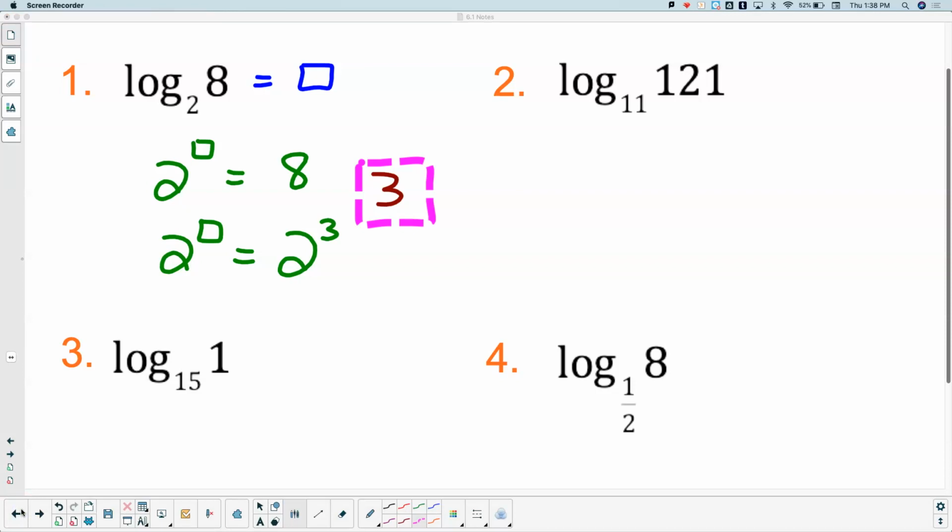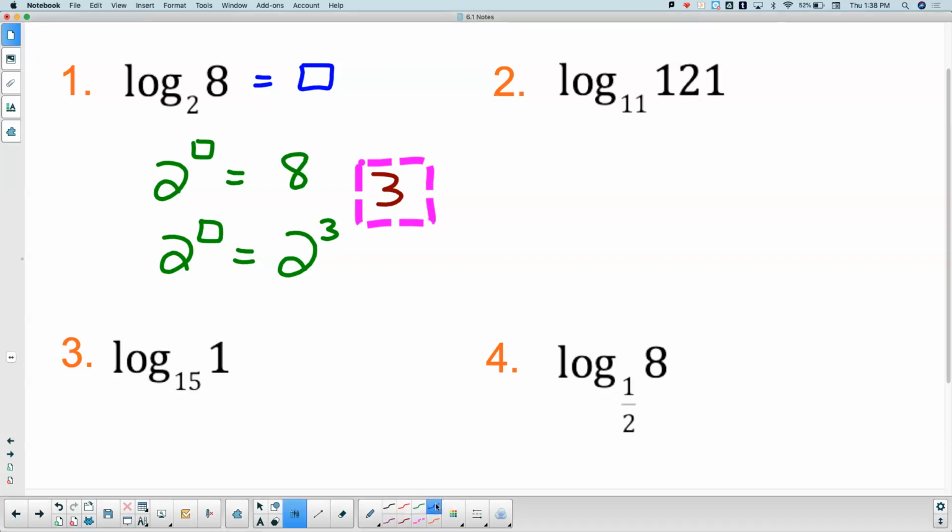Anybody for 2? What exponent do I have to put on 11 to get me 121? 2. It was a good try, though.